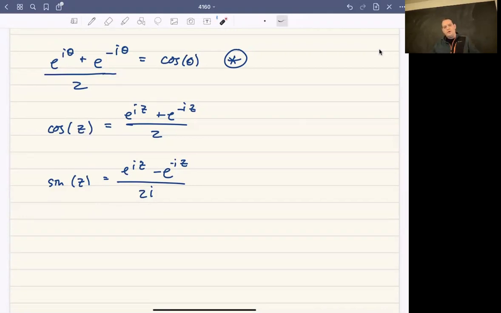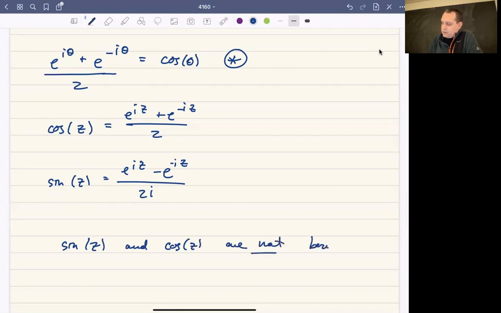One word of caution: sine and cosine are not bounded in general. So if you take any complex number and plug it in, it does not have to be bounded like the real valued parts were.